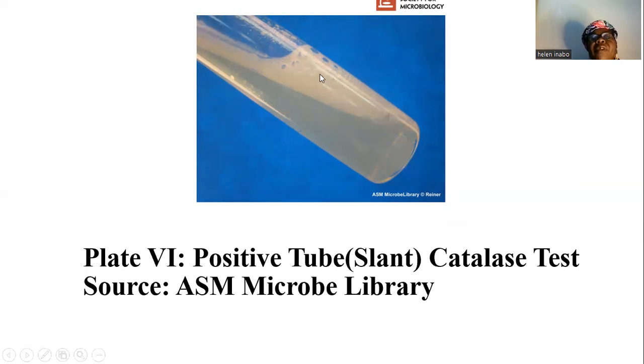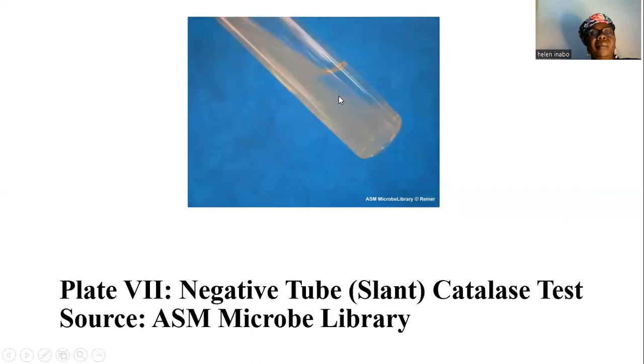Here you have evidence of effervescence, bubble formation, on the agar slant where the organism has been grown. Plate 7 shows the negative tube slant catalase test. There is no evidence of bubble formation or effervescence on the surface of the agar.